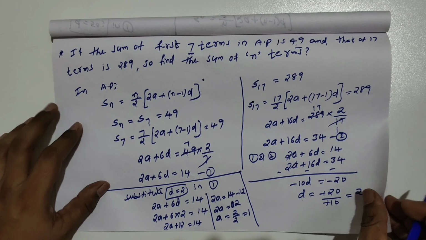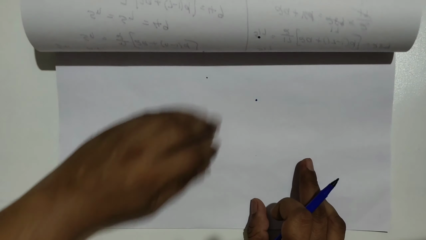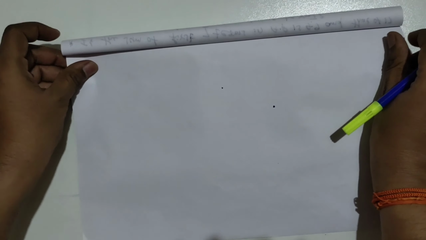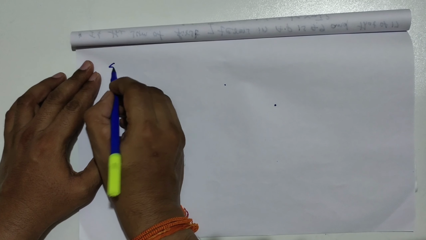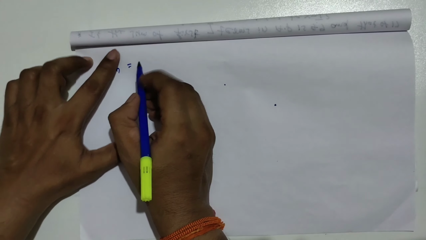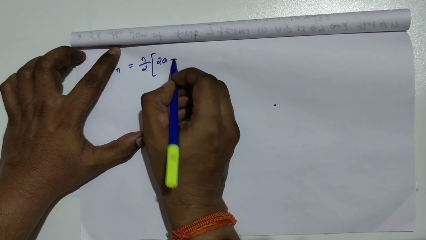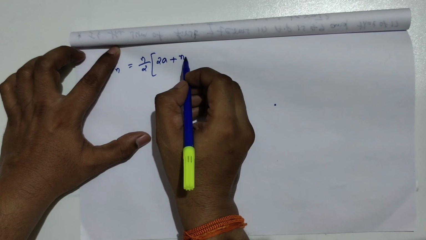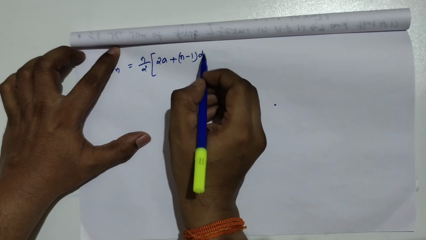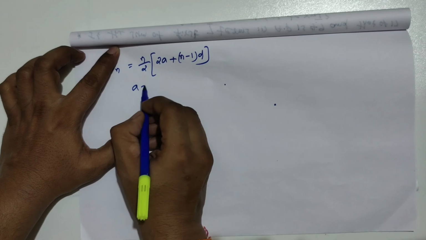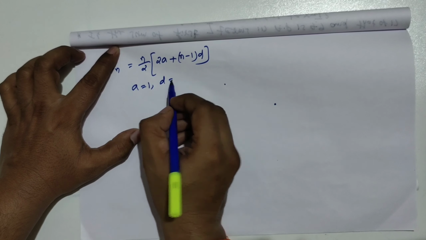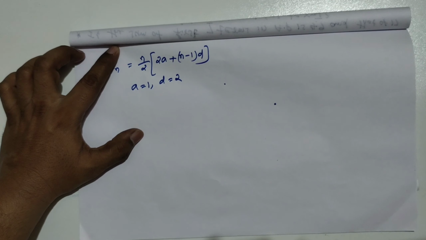Now we need to find Sn, that is, using the Sn formula again, we have to find the sum of the first n terms of this AP. Again I am writing Sn is equal to n by 2 into 2a plus n minus 1 into d. Here the a value is 1 and the d value is 2.